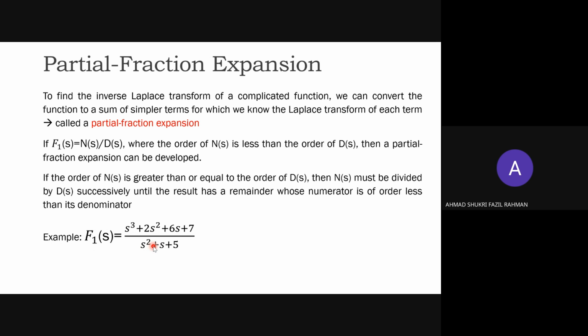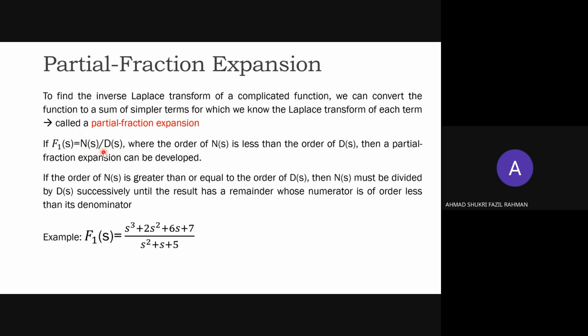So how do we perform partial fraction? The first thing we need to know, by referring to F1, is that the function must first be in Laplace. Then make sure that it consists of two parts, numerator over denominator.